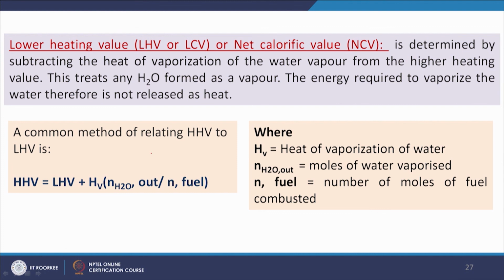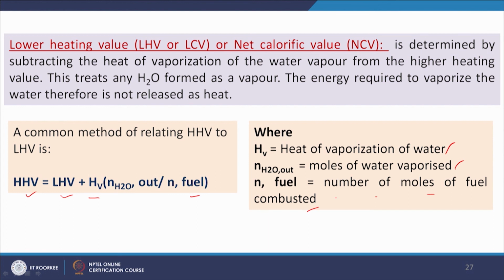A common method of relating HHV to LHV is: HHV, high heating value, is equal to low heating value plus Hv times nH2O,out divided by n fuel. Hv is the heat of vaporization of water, nH2O,out is the moles of water vaporized, and n fuel is the number of moles of fuel combusted.